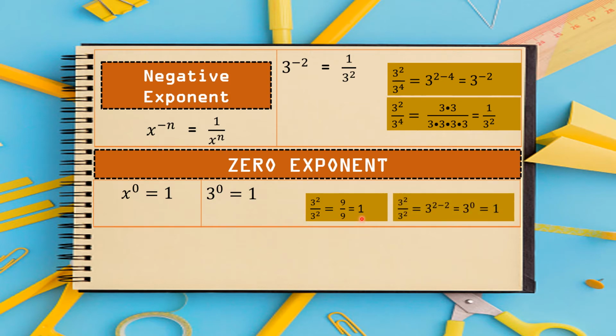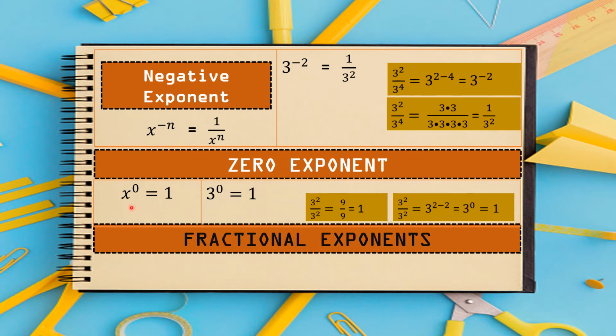Or, in a different manner, 3 raised to 2 over 3 raised to 2 is equivalent to 3 raised to 2 minus 2, and that is 3 raised to 0, which is equivalent to 1. Therefore, 3 raised to 0 is equivalent to 1. Any base raised to the power of 0 becomes 1, where x is not equivalent to 0.